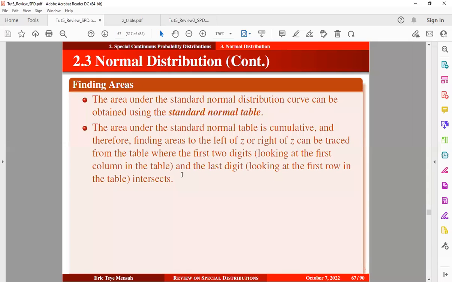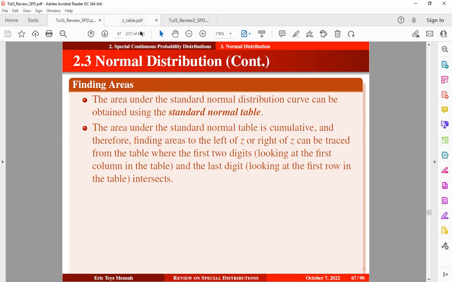Now the area under the standard normal table is cumulative. So finding areas to the left of Z or to the right of Z can be traced from the table where the first decade, that is looking at the first column in the table, and the last decade, that is looking at the first row in the table, intersect.